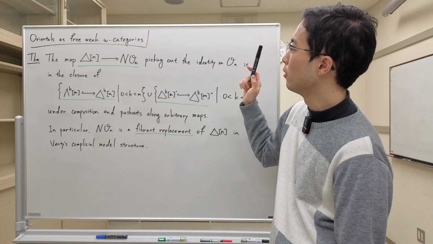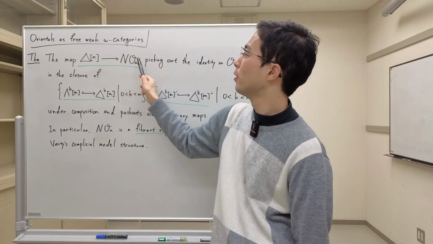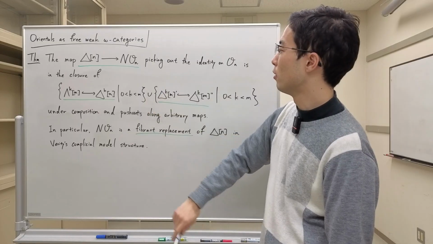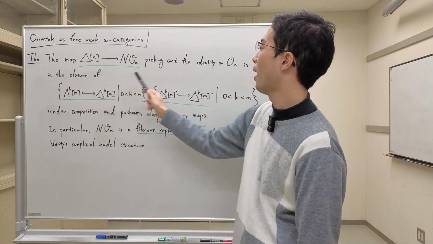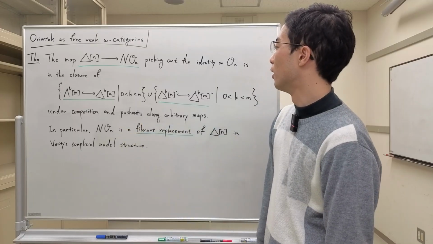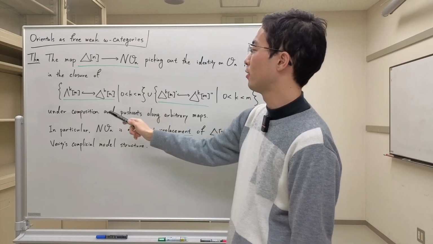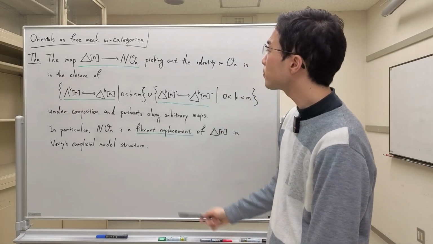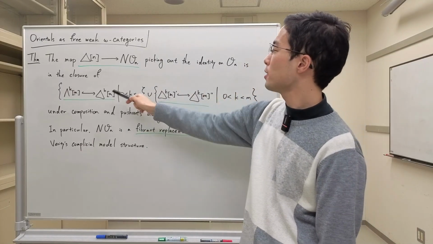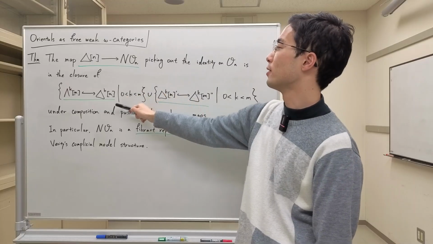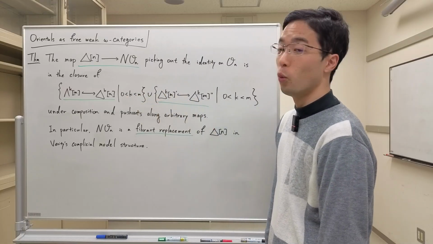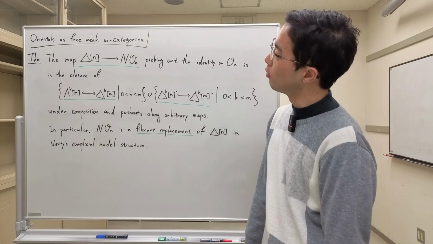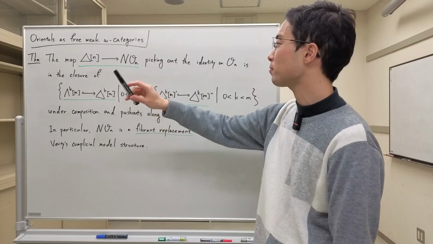And the claim is that this map is in the closure of these maps under taking pushouts and compositions. Now these maps are the ones that appeared in the definition of weak complicial sets, or also in strict complicial sets.